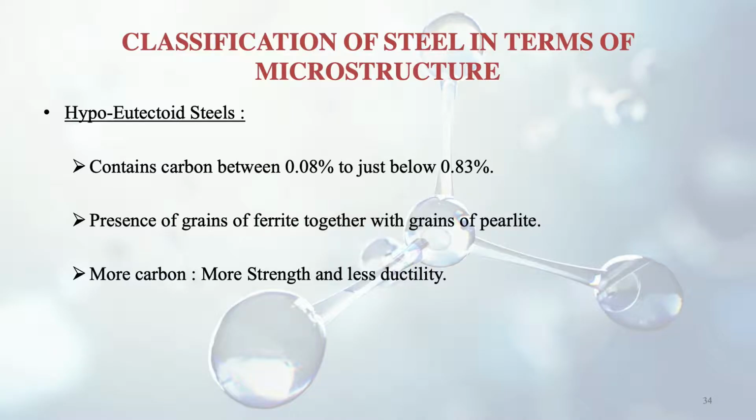So due to this movement towards the left side of 0.83% carbon, now ferrite is also there in the microstructure in addition to the perlite. That means we have cementite plus ferrite. And more carbon means more strength and less ductility, and less carbon means less strength and more ductility.